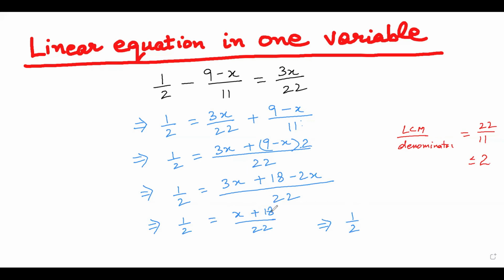We cannot take 18 to the other side straight away because it is still in a bracket, in a way, since 22 is the common denominator of x and 18. We cannot take 18 unless we free it from 22.